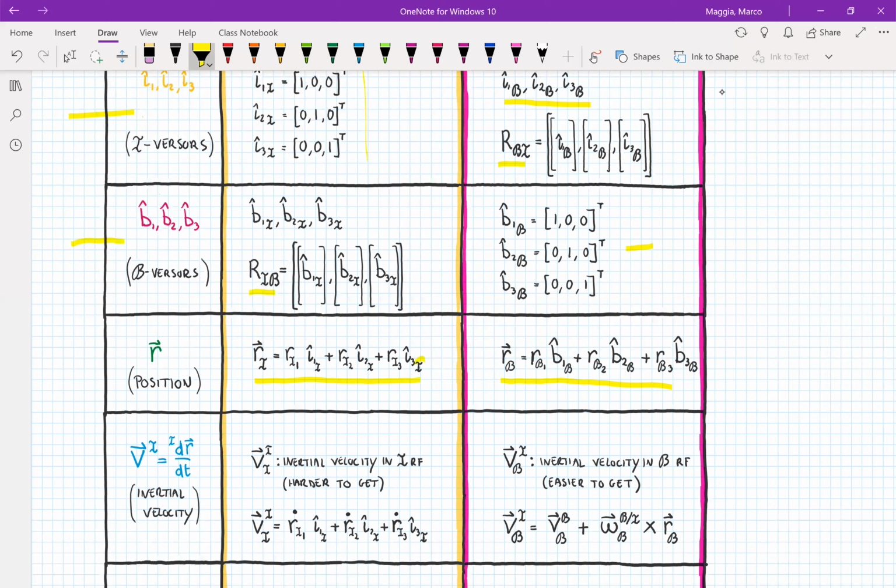in this case, the subscript I for the I versors, if it is understood that we're talking about the coordinates in the inertial frame of reference, I usually am not going to write those subscripts down. It's just a lot of symbols.